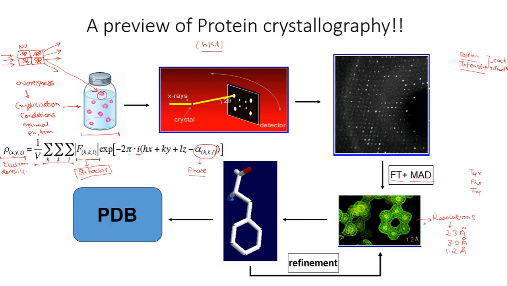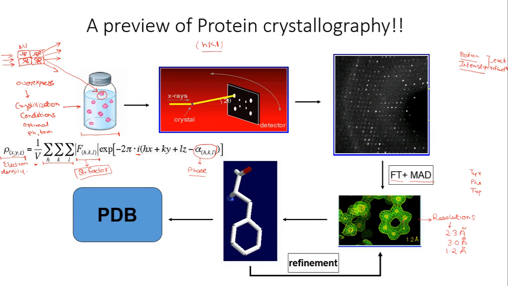Okay, so in this way you try to create a three-dimensional model of the amino acid residues that would fit into your electron density map, and then you iteratively perform the process of refinement.